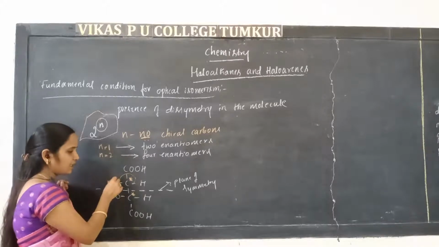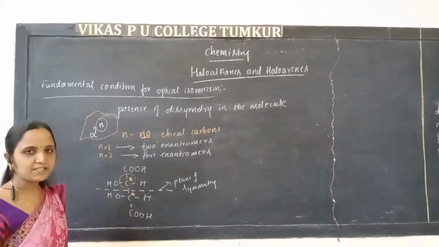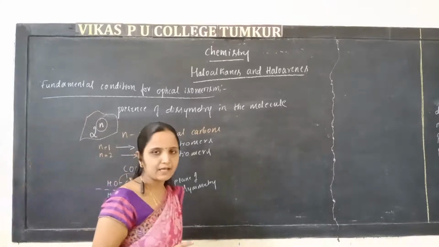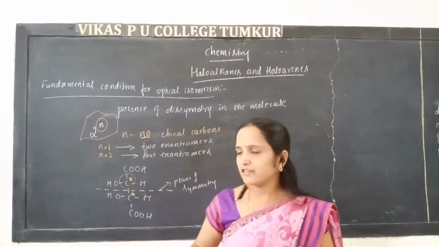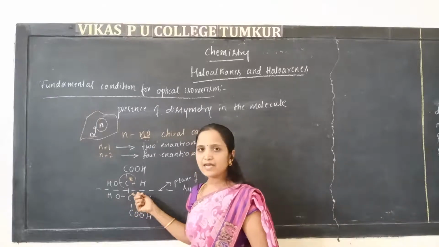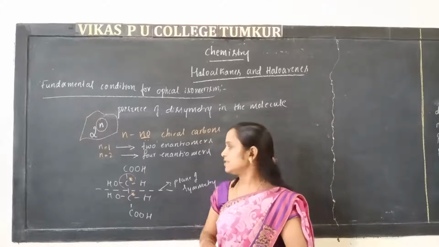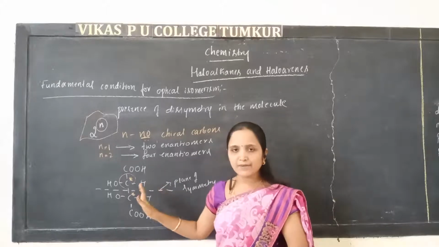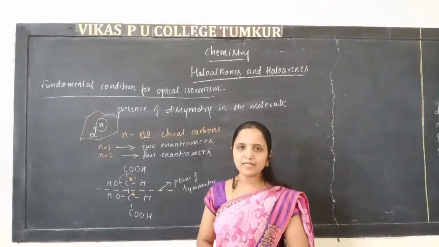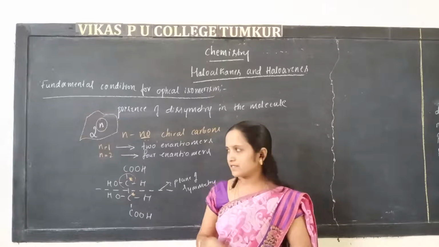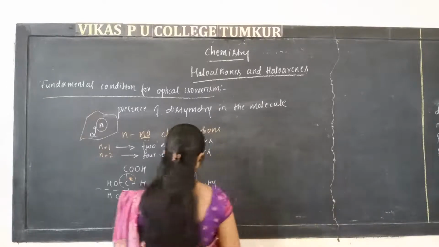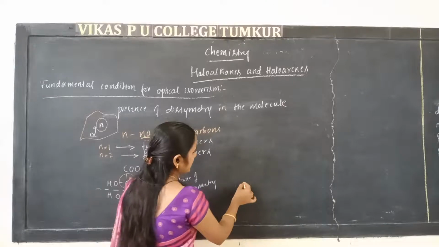So even if this molecule contains more than one chiral carbon atom, it does not exhibit optical isomerism. This molecule is optically inactive. We'll take some other example.